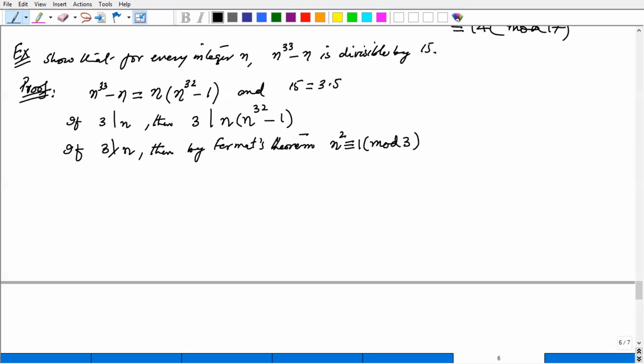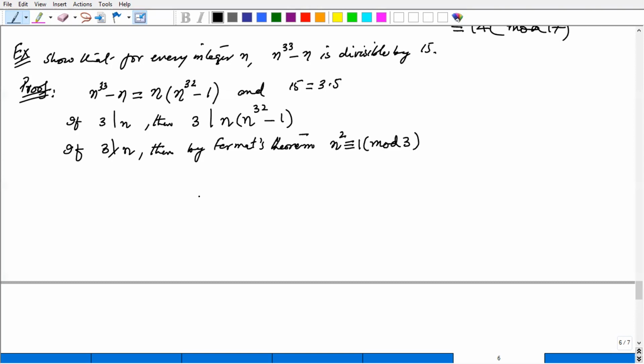That's Fermat's little theorem. Now look at our result. Since 3 does not divide n, we are proving that 3 divides n to the power 32 minus 1.